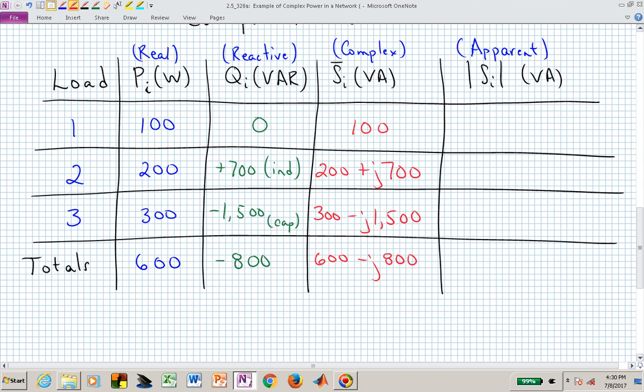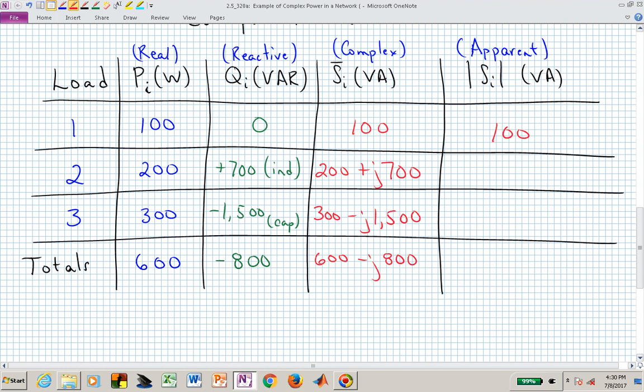We could also, just for illustration purposes, find the apparent power in each of those loads. The first one's easy. It's just the magnitude of 100, which is 100. For the other two, we have to find the hypotenuse of a right triangle.